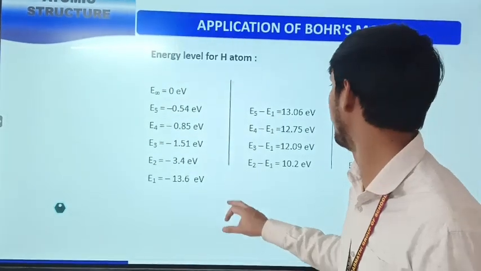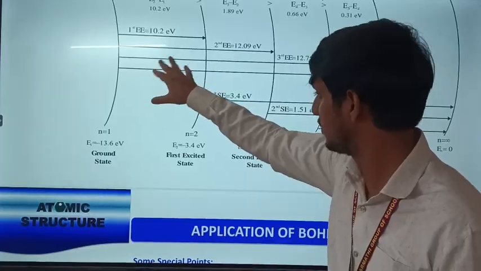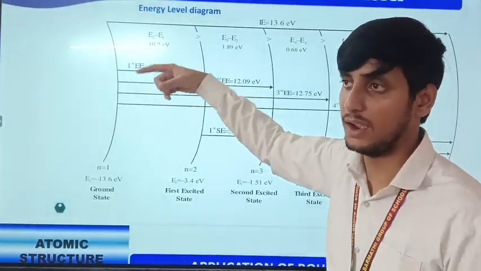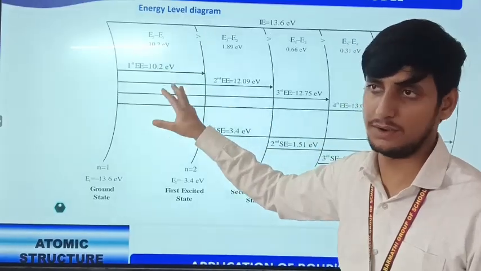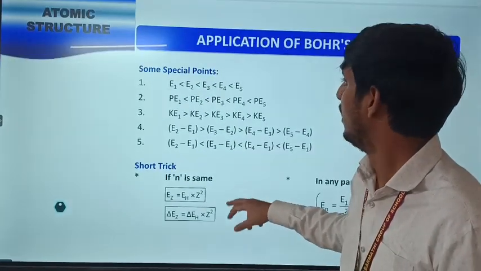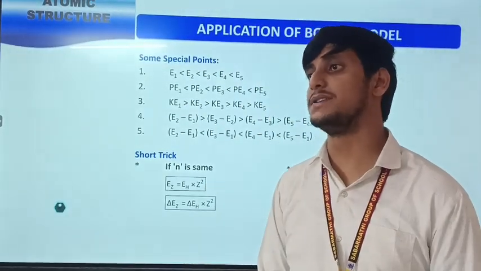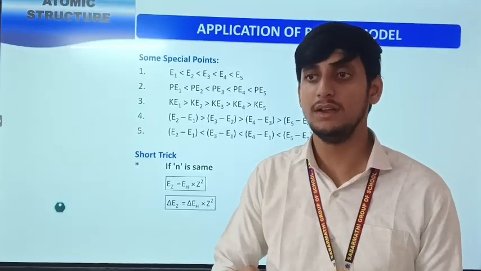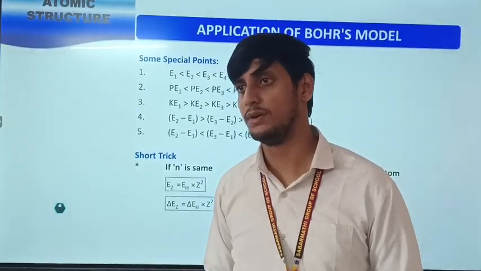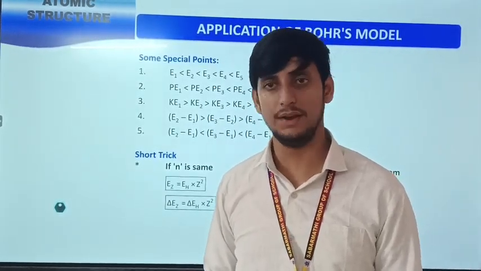Now try to do this energy diagram. In one energy diagram, ionization energy, excitation energy, and separation energy are all mentioned. Increasing the number of shells means energy increases, because energy is directly proportional to n square.